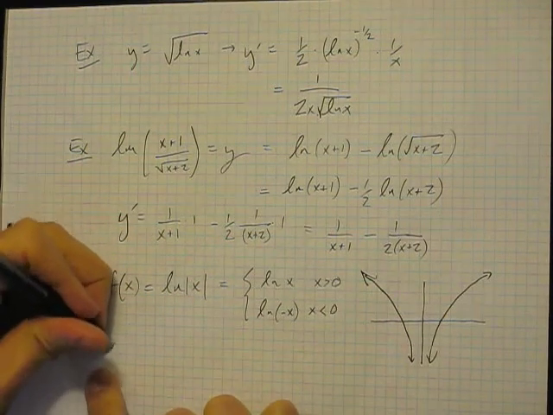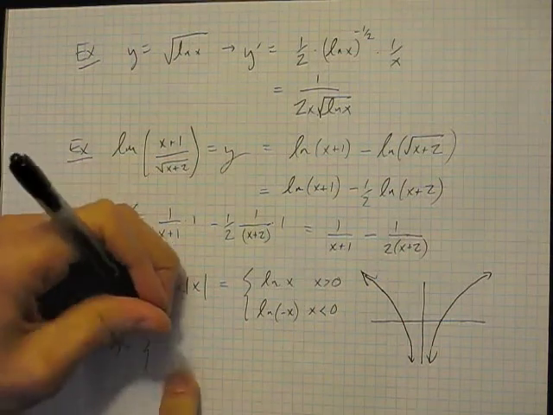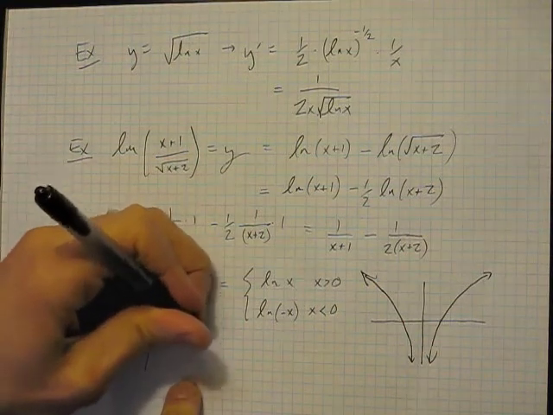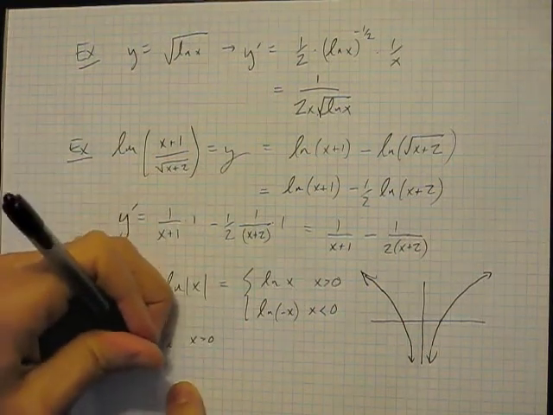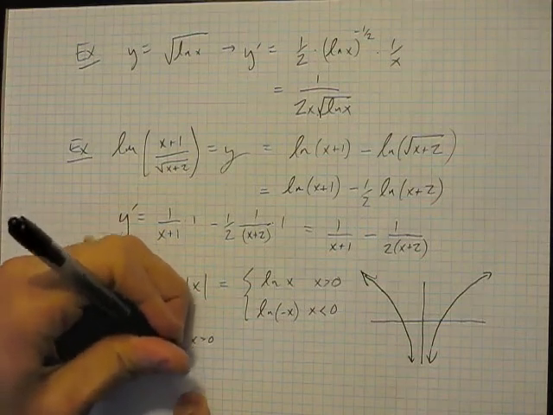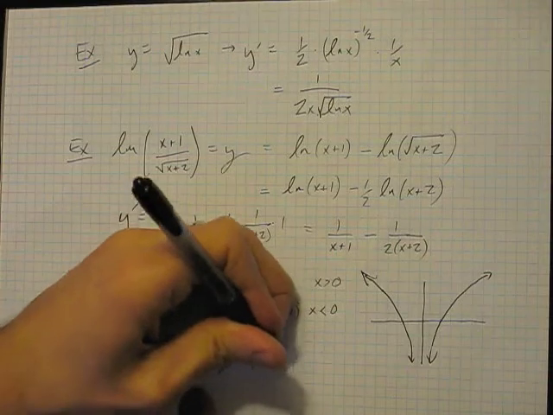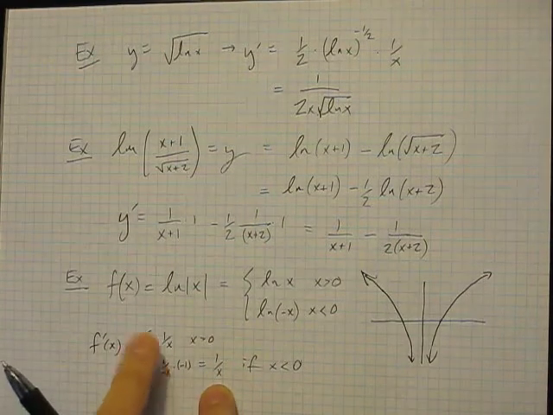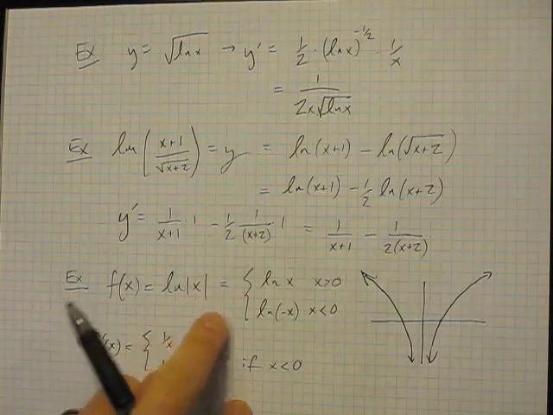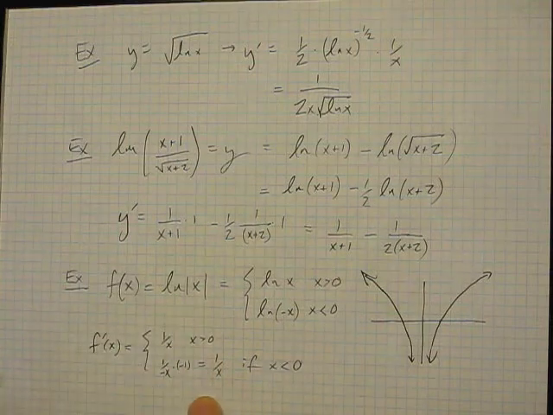What is the derivative of this function? So the derivative is 1 over x if x is positive, and it's 1 over minus x times minus 1, which is just 1 over x, if x is negative. Okay? So this function has the same derivative whether or not the x is positive or negative here.